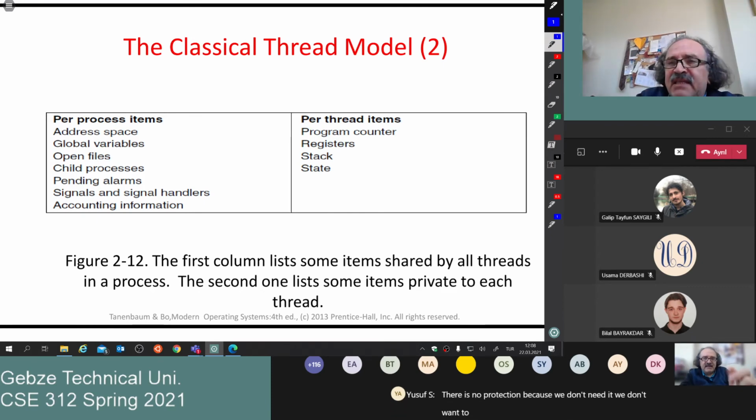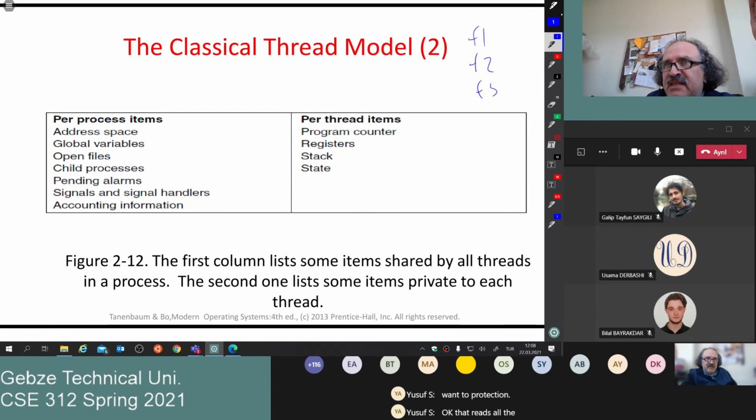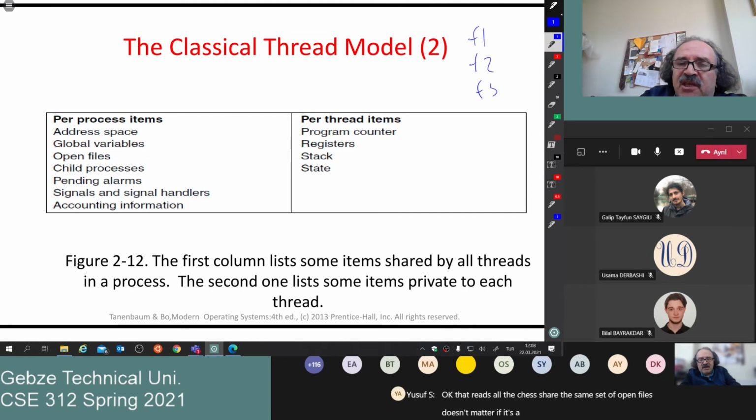Remember what I said? Function F1, function F2, and function F3. Each one is considered a thread. Each one is running separately. Each one can make calls, and each one has its own local variables. So to make function calls or to keep local variables, each one should have its own stack.